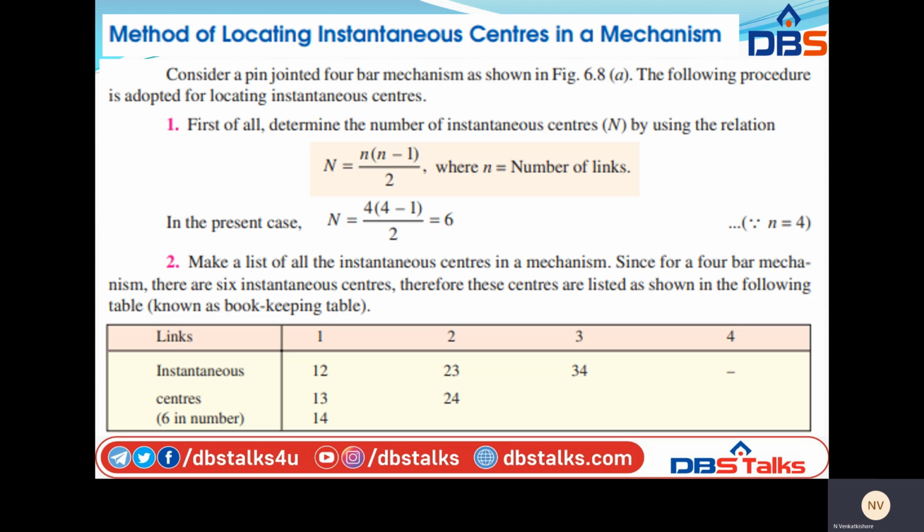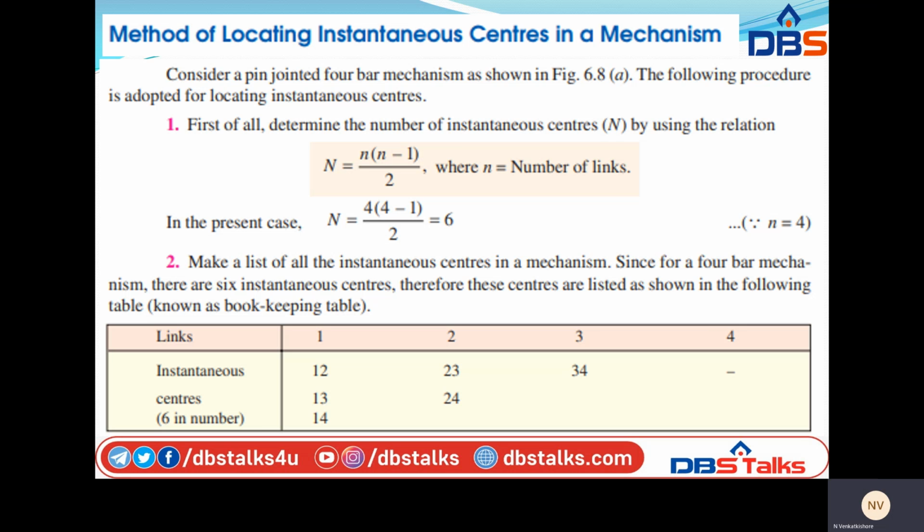First of all, determine the number of instantaneous centers by using the relation N equals small n into (n minus 1) by 2. So with the 4-bar mechanism, how many instantaneous centers will be present? 6. Make a list of all the instantaneous centers in a mechanism.